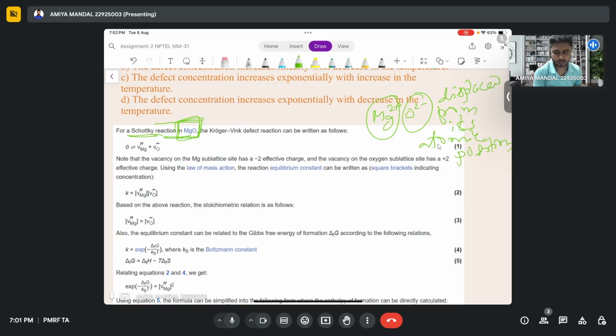So what will happen if those two are displaced from their atomic positions? What will happen?